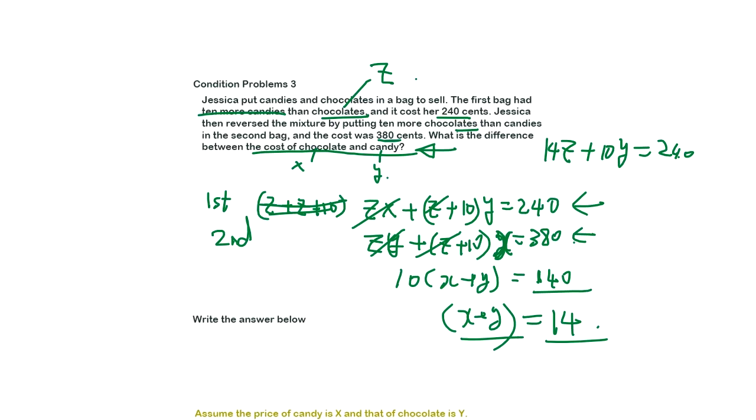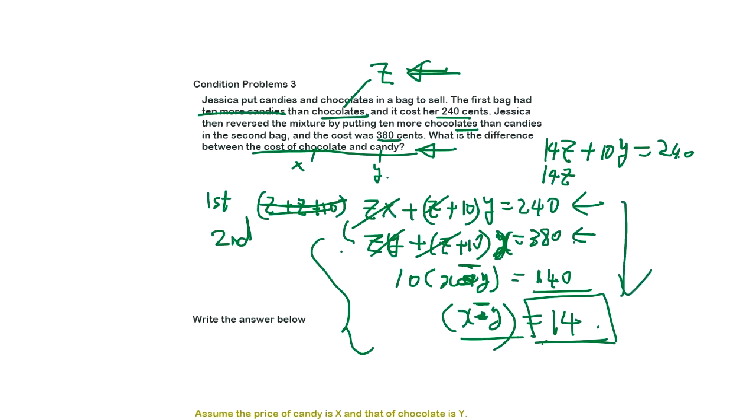We made a mistake when we subtracted, so this should be negative. So the cost difference is 14 cents. Okay, this is a little tricky one because it's easy to introduce a third unknown value, but that's going to disappear by the symmetric equation. Okay, I hope you enjoyed this section of the Algebra 1. Thank you for listening.